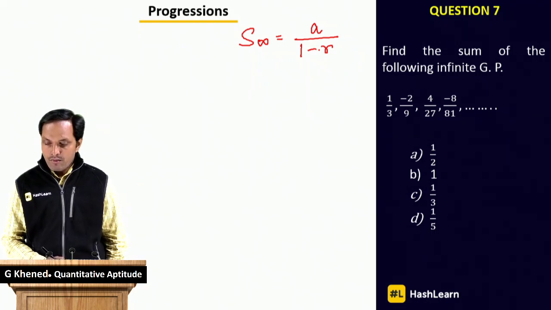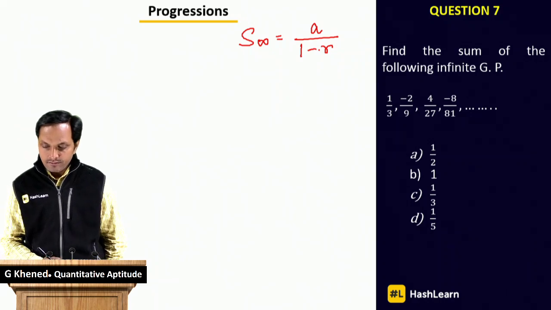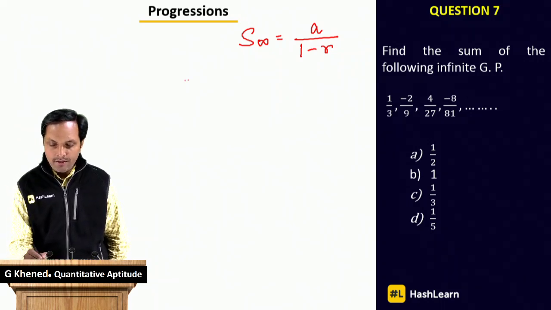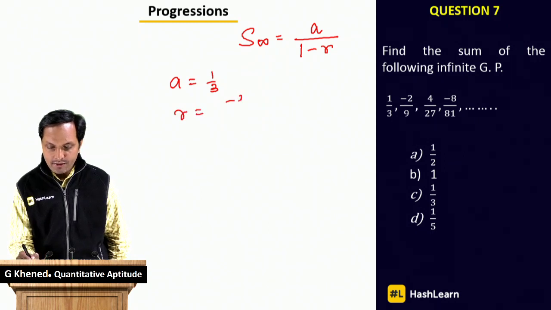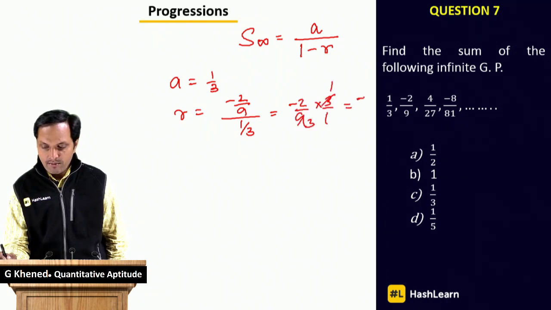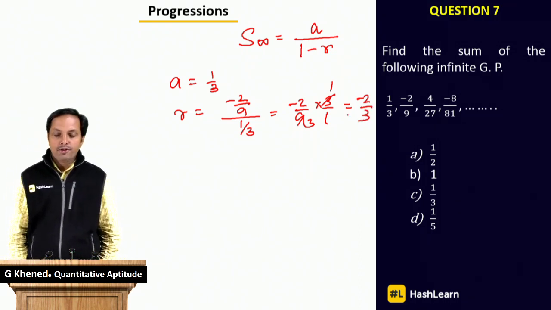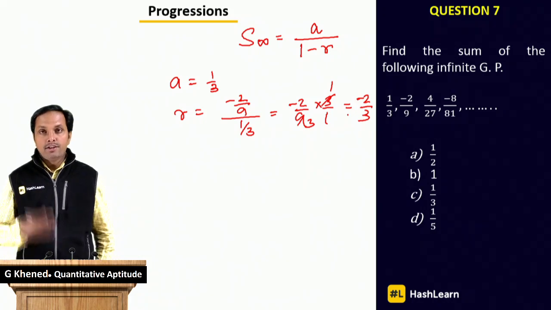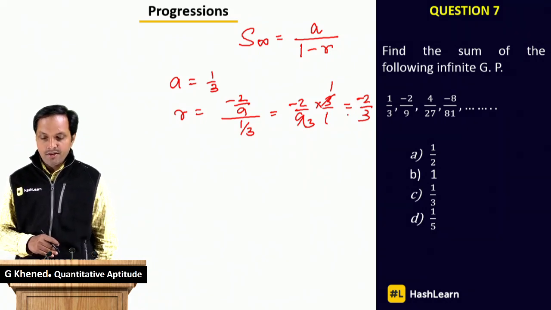So what is this going to give you? a is 1 by 3 and the common ratio is minus 2 by 9 whole divided by 1 by 3. That is minus 2 by 9 into 3 by 1. 3 ones are 3, 3 threes are 9. So minus 2 by 3 is the common ratio. Term divided by the preceding term will give you the common ratio.